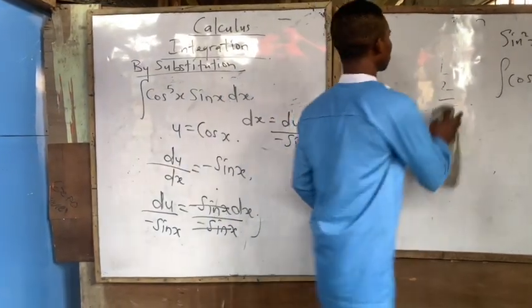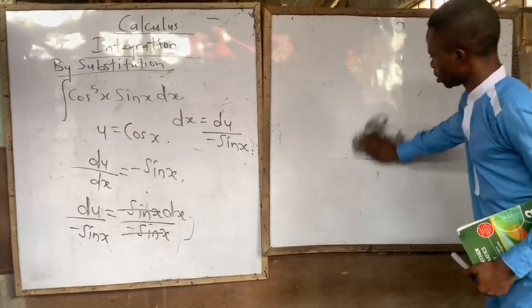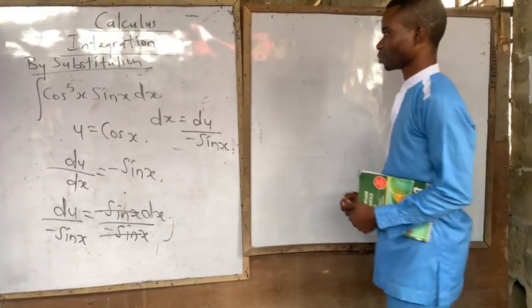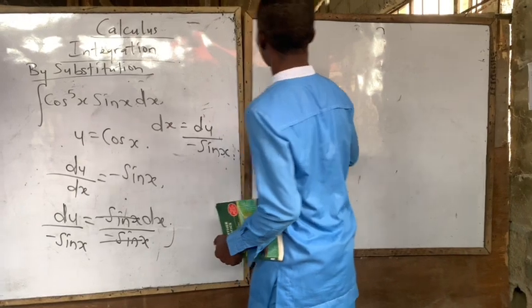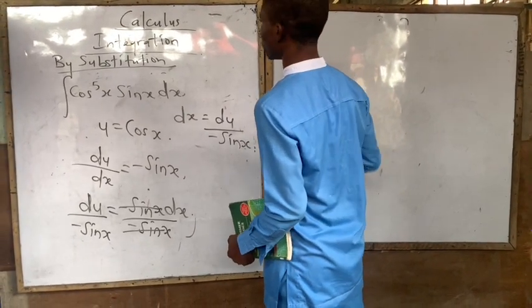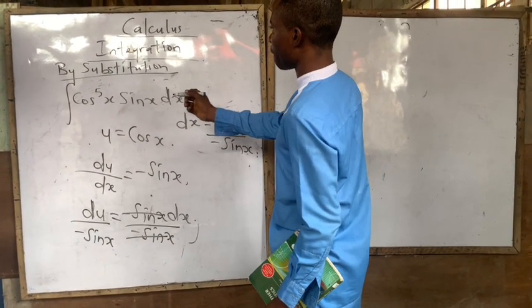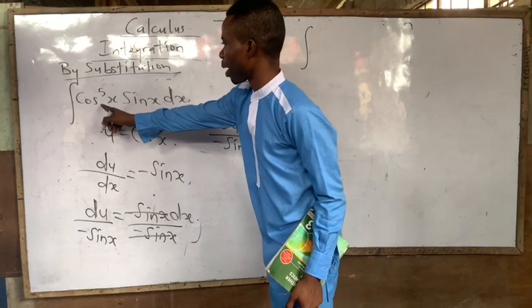Now, if you have gotten that, what do you do? Come back here to our integral. We have represented cos x by u.